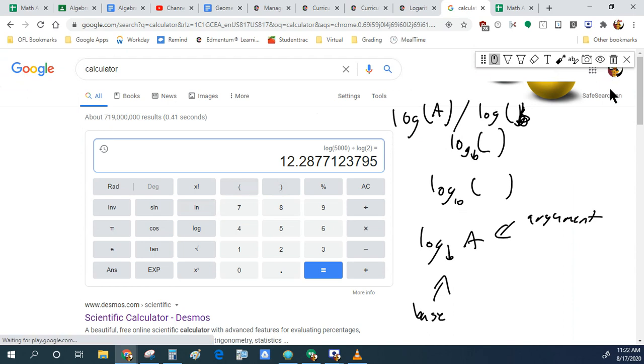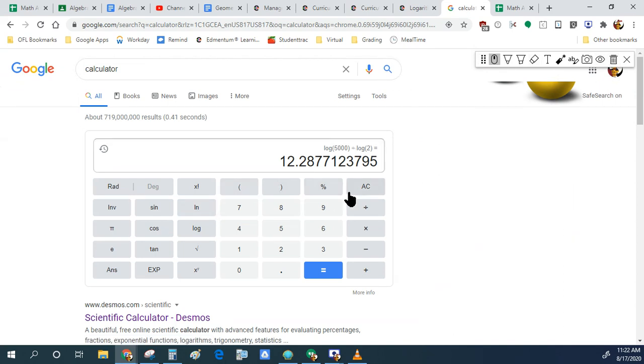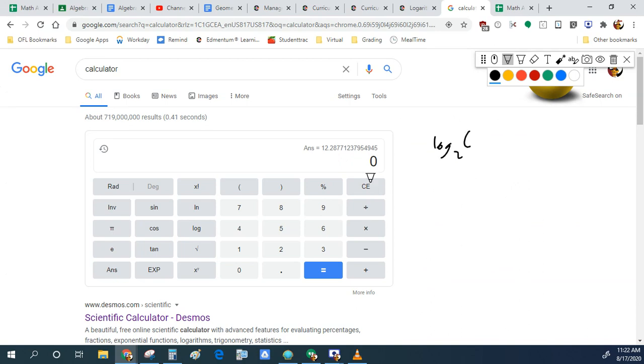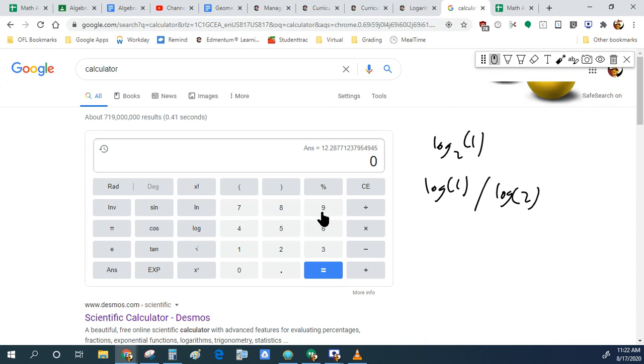So let's type this in to see what we get. Log of 1 divided by log of 2. And we get 0. What this means is 2 to the 0 power equals 1.